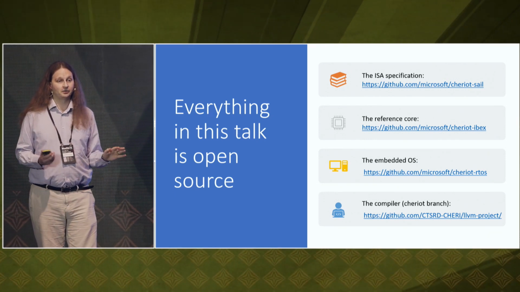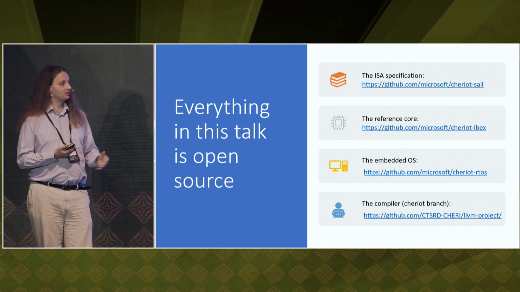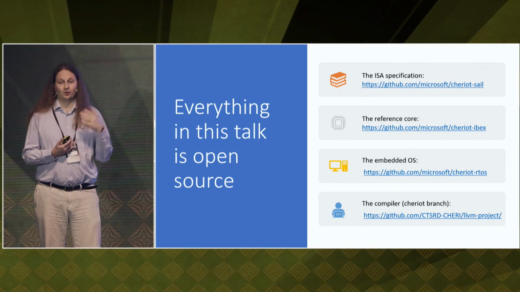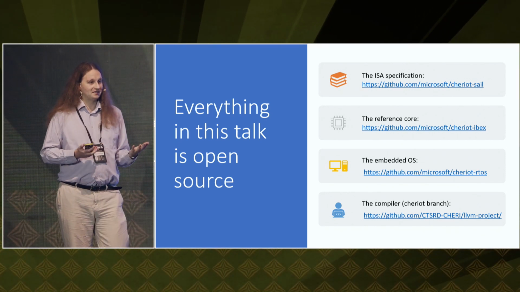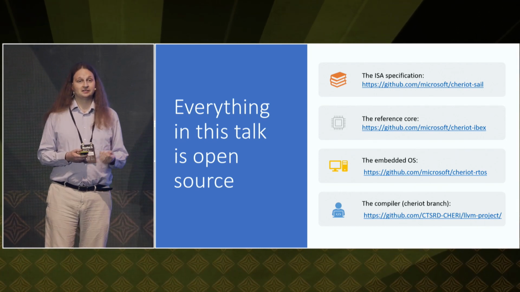So the entire hardware-software stack here is open source. If you want to grab the RTL for the core or build your own RISC-V core implementing these, fab a load of chips and ship devices built on it, please do.